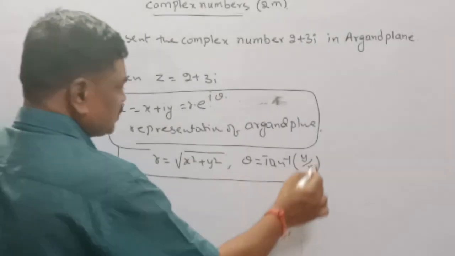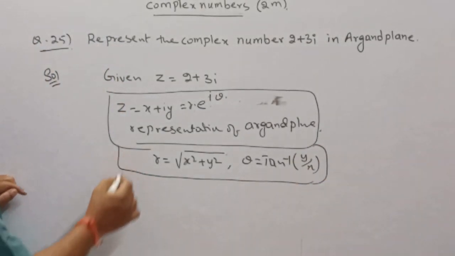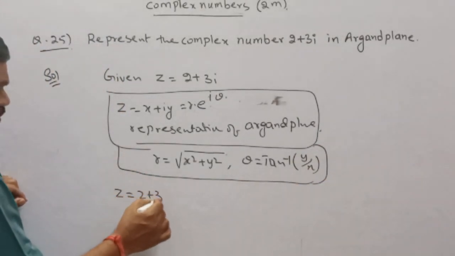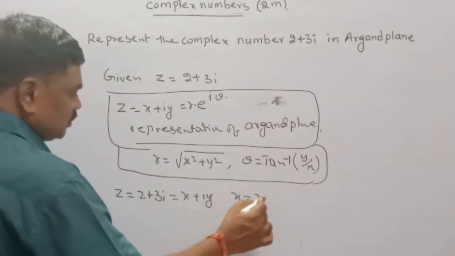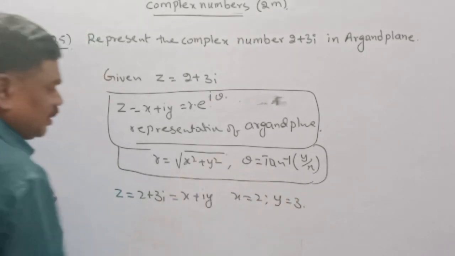So z = 2 + 3i = x + iy, where x = 2 and y = 3.